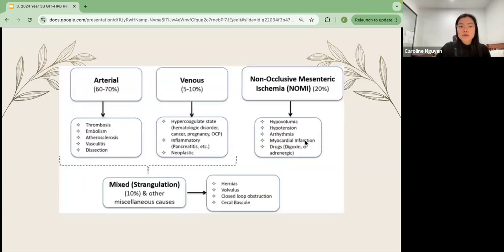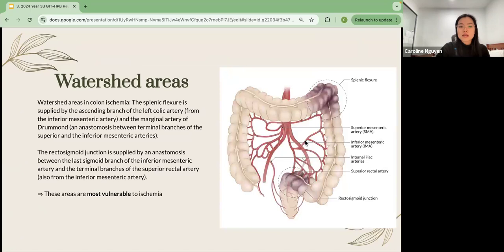Some causes. So arterial is most common: thrombosis, embolism, atherosclerosis. Watershed areas. So watershed areas are areas where you've got two main arteries supplying one spot.